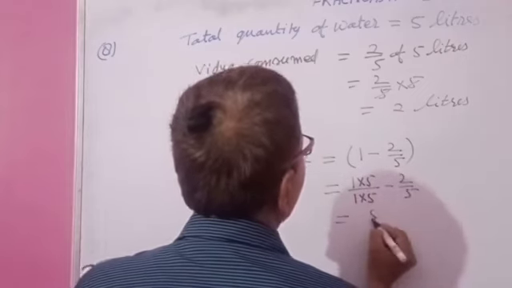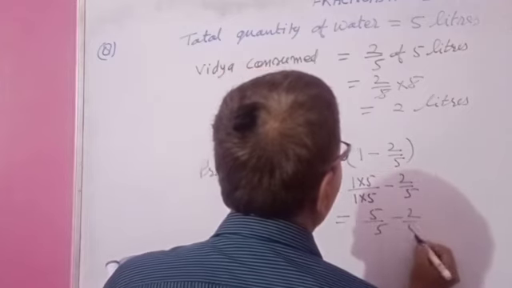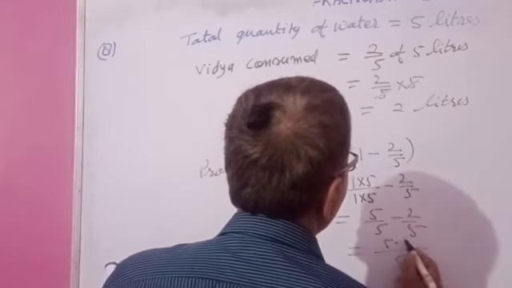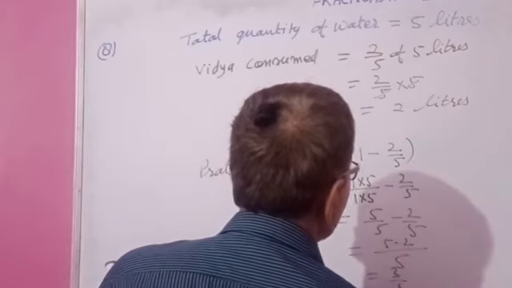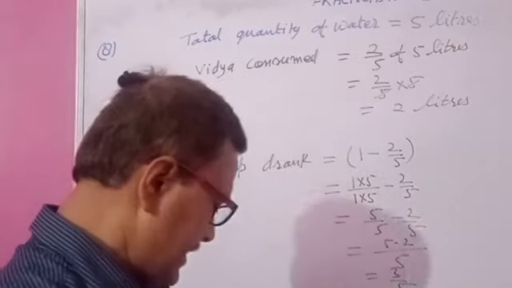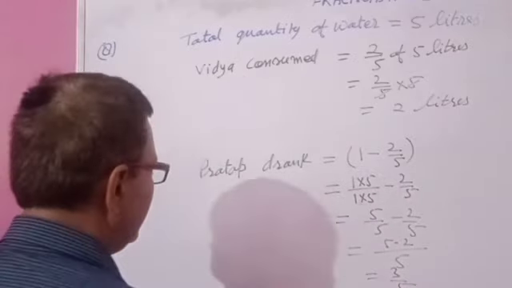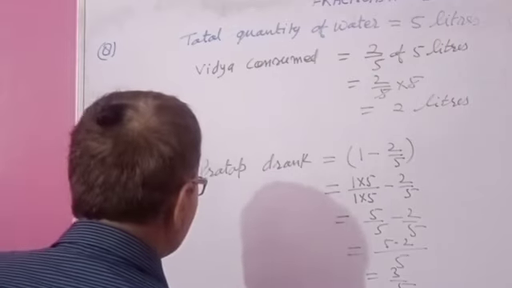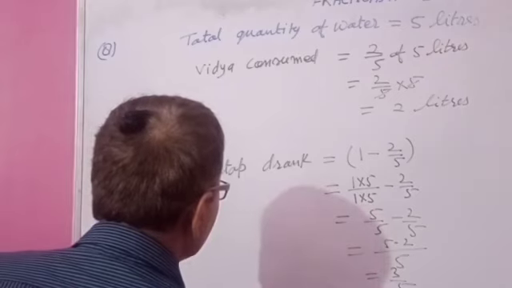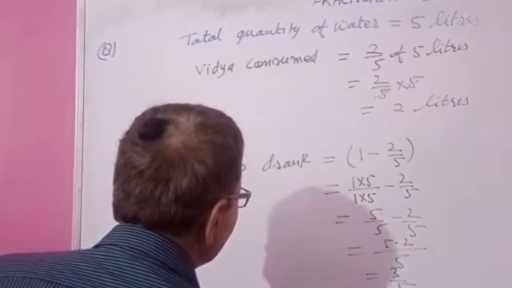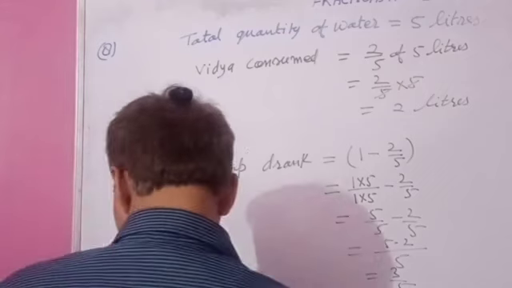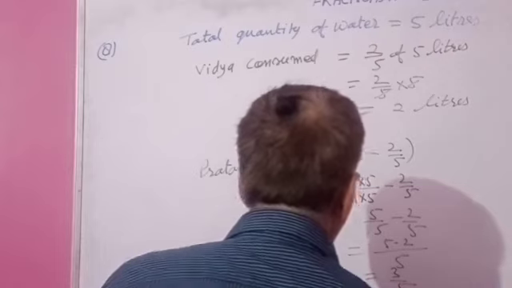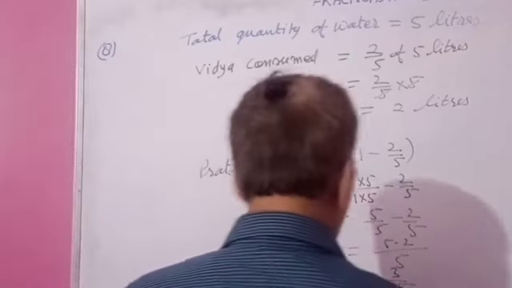That is 5 upon 5 minus 2 upon 5. That is 5 minus 2. That is 3 upon 5. 3 upon 5. And Pratap drank 3 upon 5 part of the total quantity of water.